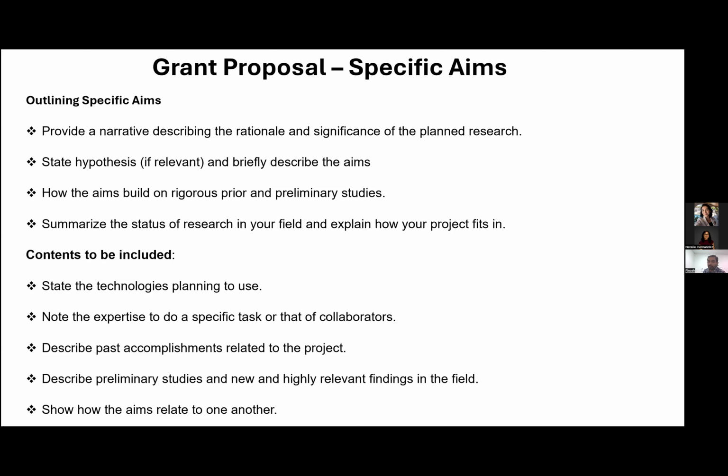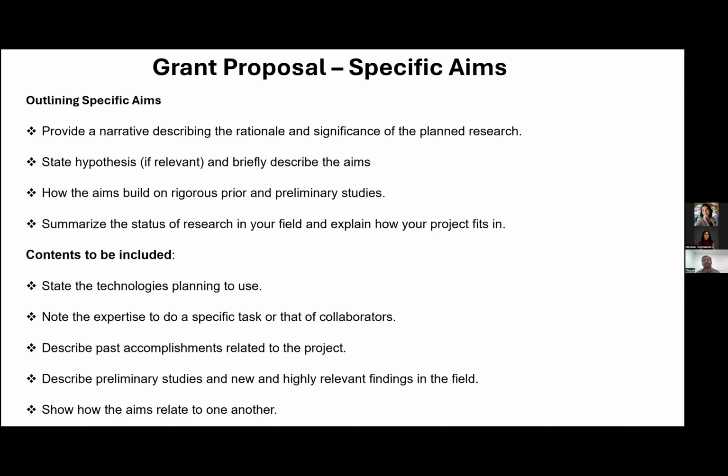Then describe and interpret your preliminary findings and emphasize how this is highly relevant to the field. Even though this is very tricky, our specific aims should be independent. At the same time, they should be related and complementary to each other.